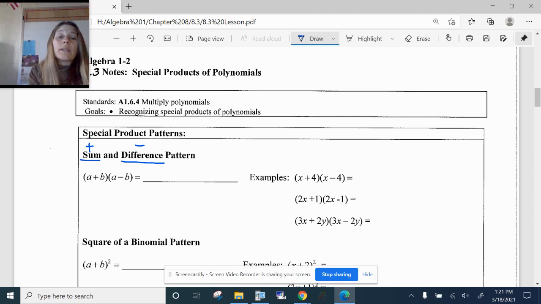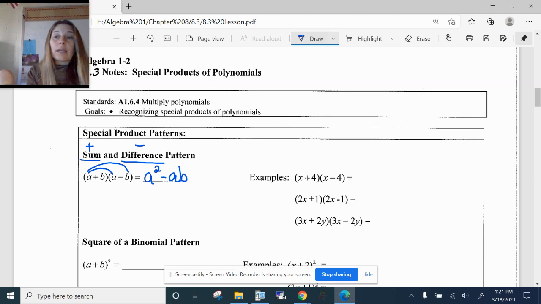So what's going to happen in this situation is if you were to FOIL or distribute like we normally were, a times a would be a squared. Then a times b, and this is a negative b, so negative ab.